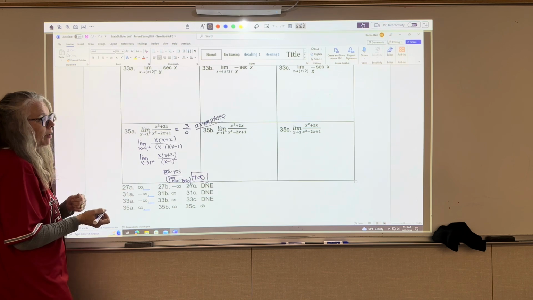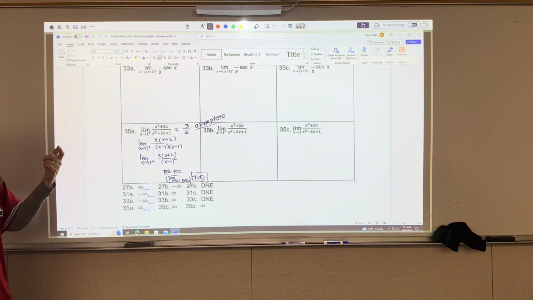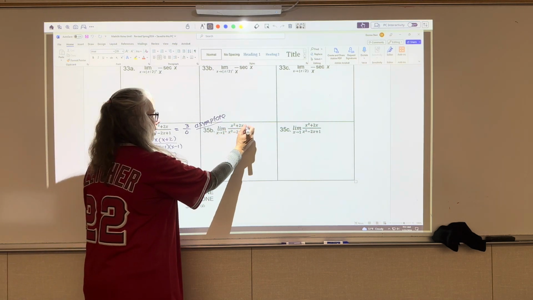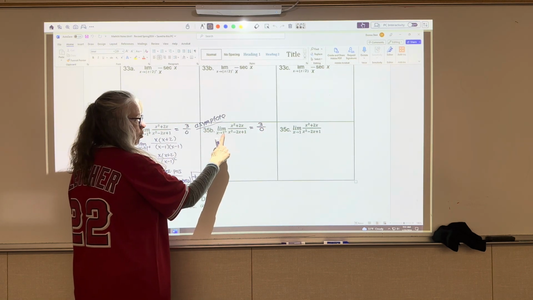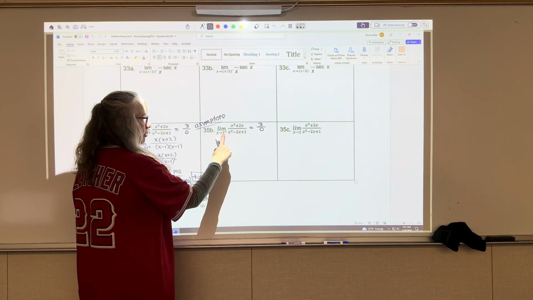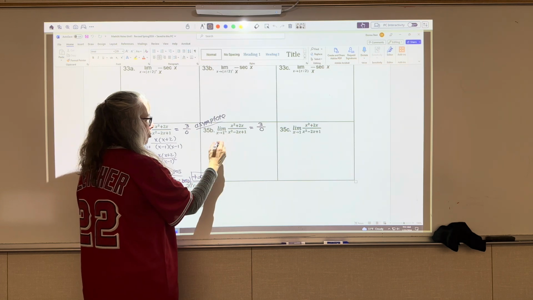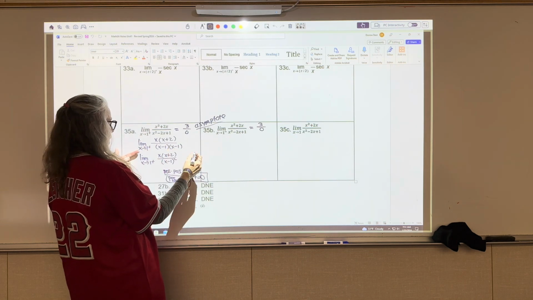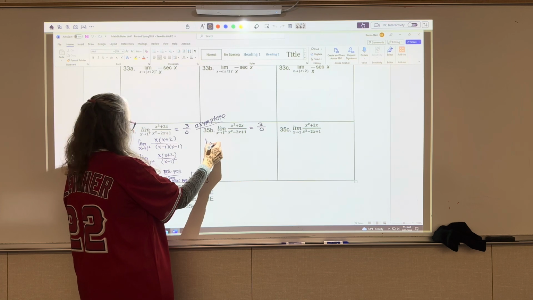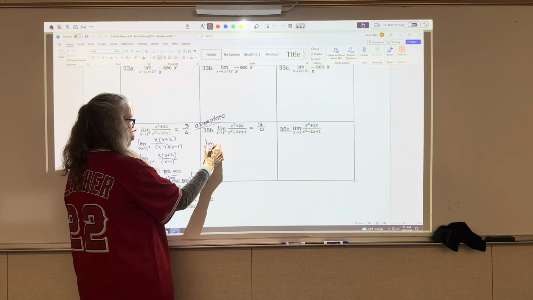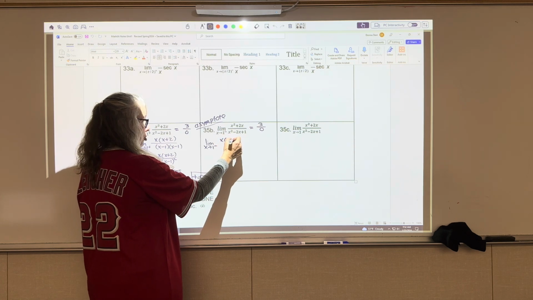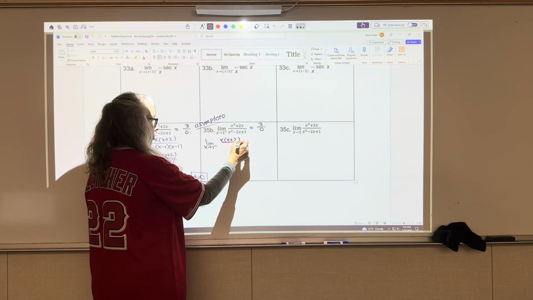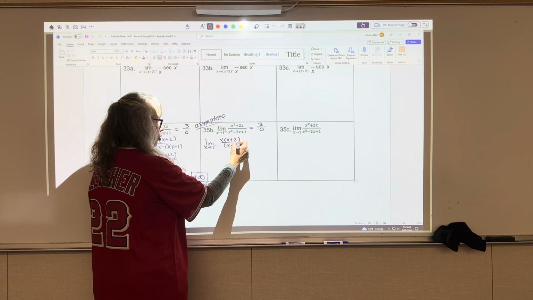The same reasoning would go on here. You would have 3 over 0. As you approach 1 from a little bit smaller than, I would factor it the same way as I had over here. So the limit as x goes to 1 from a little bit smaller than, x times x plus 2 over x minus 1 squared.